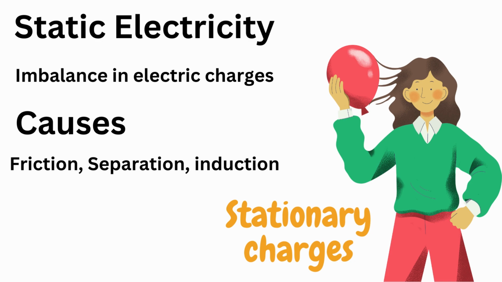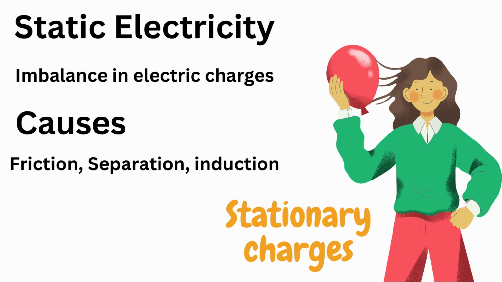So with this, there are two types of static electricity. Volumetric static electricity, which is within the material, but it is not quite significant. Second type is surface static electricity, which exists on the surface.